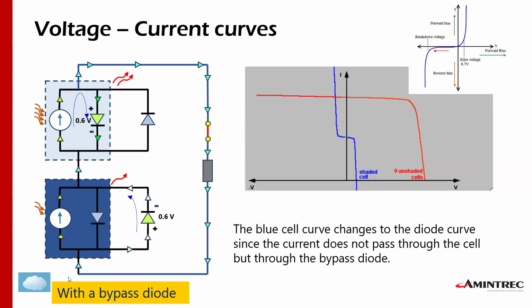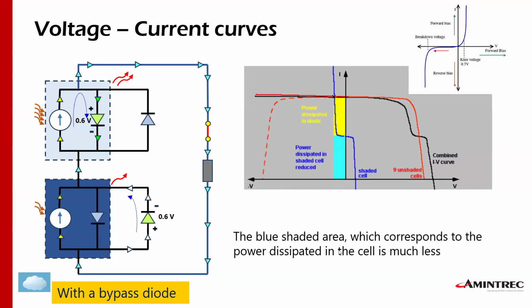I will avoid this shaded cell from heating up. So you will see it will not heat up. It will heat up the diode, but not the cell. Okay. And the output, the combined curve, will be the addition of the red curve, which is this cell, and the addition of this blue curve, which is going to be the bottom cell.